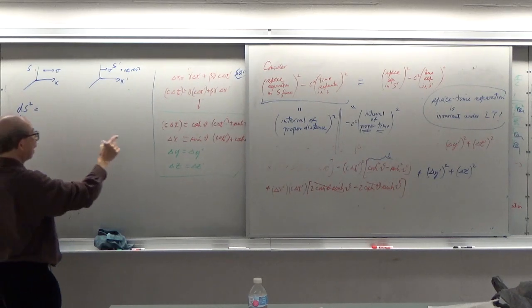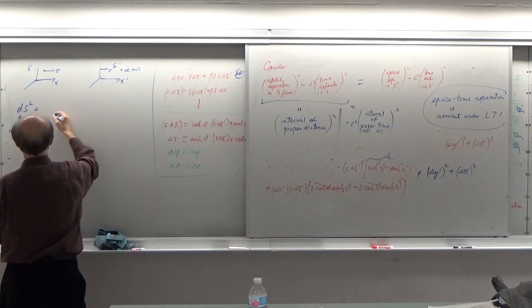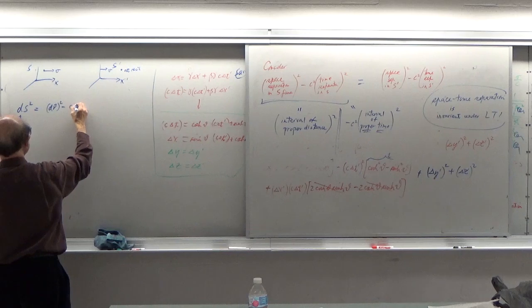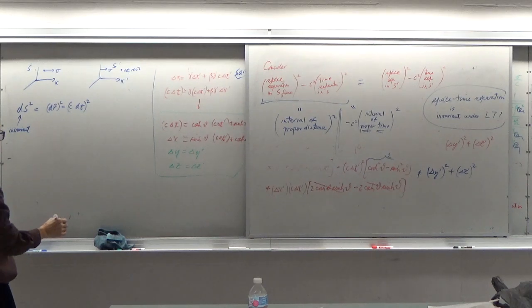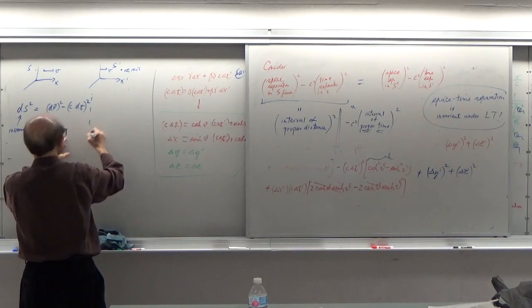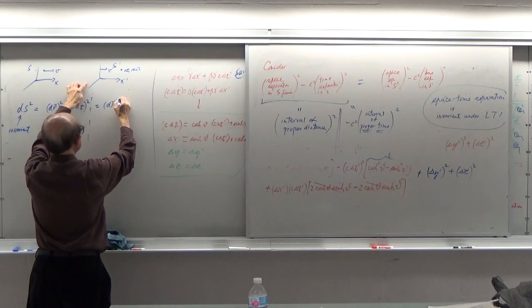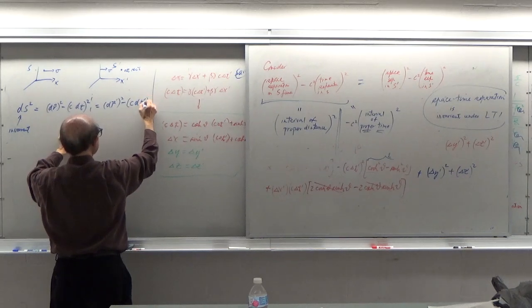It's given by the spatial separation dr squared minus c squared dt squared, and since it's invariant, it equals dr prime squared minus c squared dt prime squared.